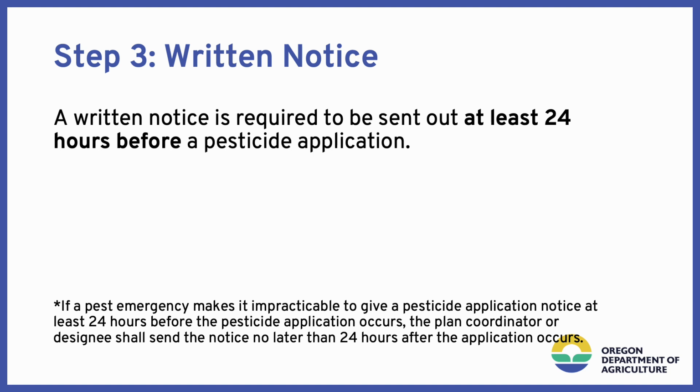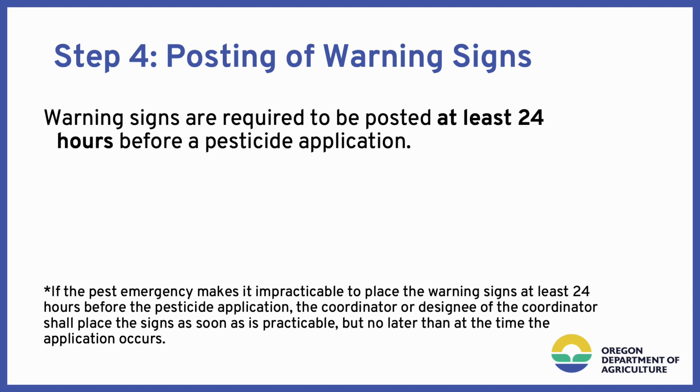If notice can't be given 24 hours ahead of time because of the urgency of the pest emergency, notice can be provided within the first 24 hours after the application. Warning signs will also need to be placed at the entrances to the treatment site at least 24 hours prior to the application. If the pest emergency makes it impracticable to do so, the signs must be placed as soon as it is practicable, but no later than at the time of the application.